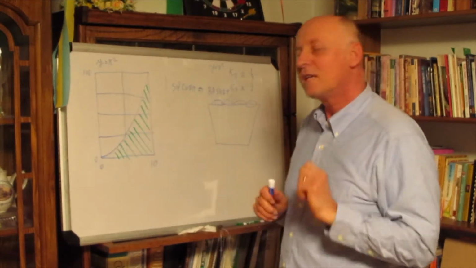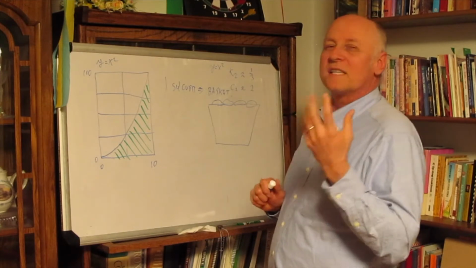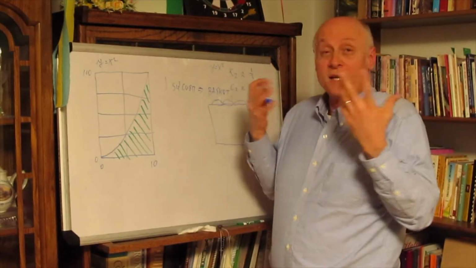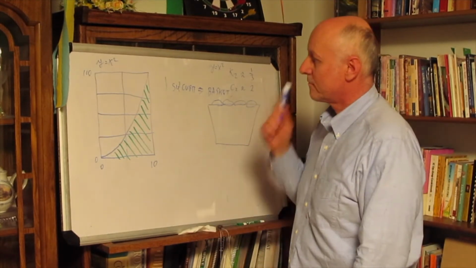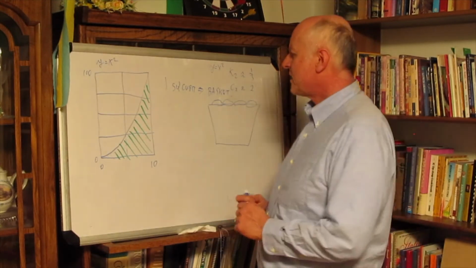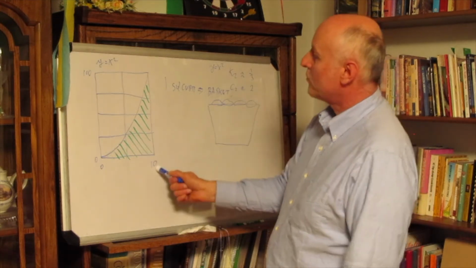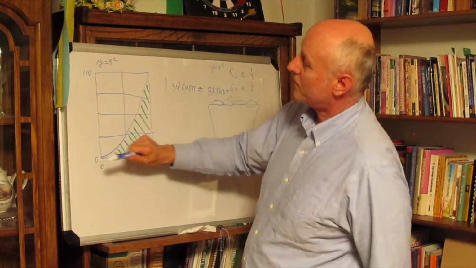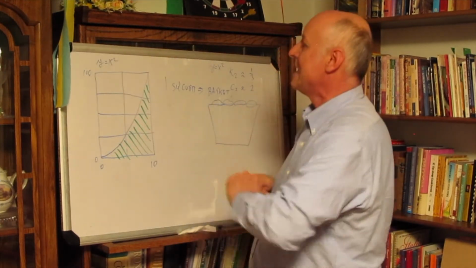Even today, believe it or not, the U.S. Department of Agriculture actually pays people to make estimates of crops. You can make money that way. You can make a living. So, let's go to it. This is a given situation, 0 to 10 cubits, and it's y equals x squared, and it happens to be from 0 to 100, 10 times 10.